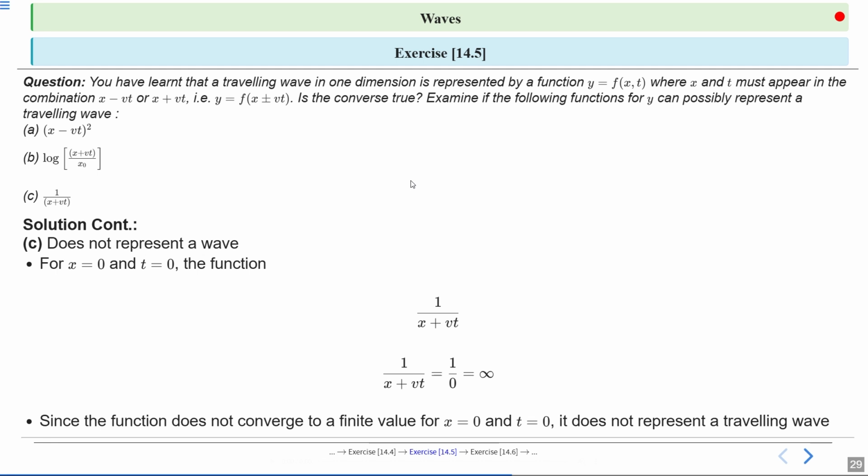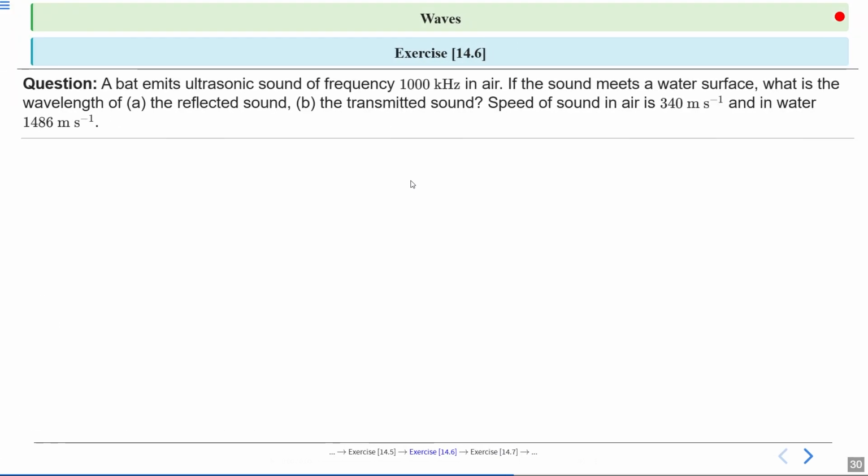A traveling wave must have a finite value at all points in space and time. If a function does not converge to a finite value at x equal to 0 and t equal to 0, it means the wave's amplitude becomes infinite or undefined at that point. This makes the function unsuitable to represent a real traveling wave. So this function does not represent a traveling wave.